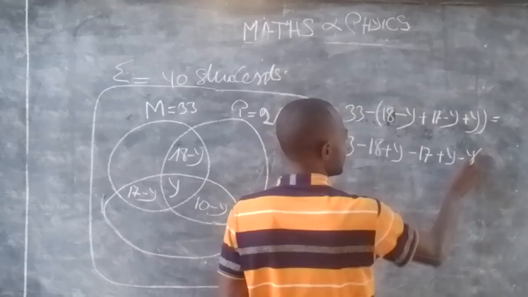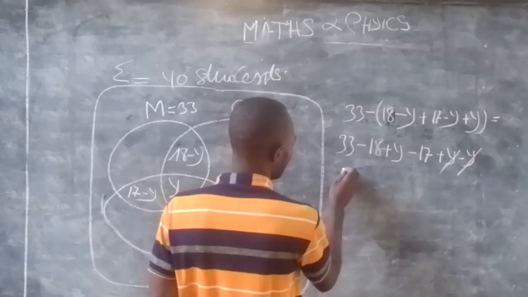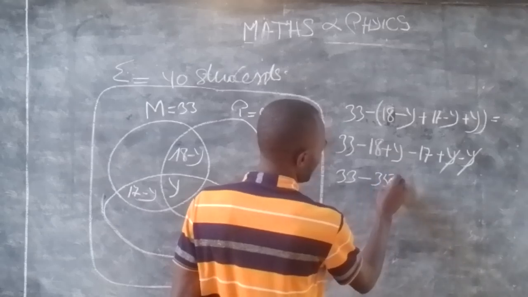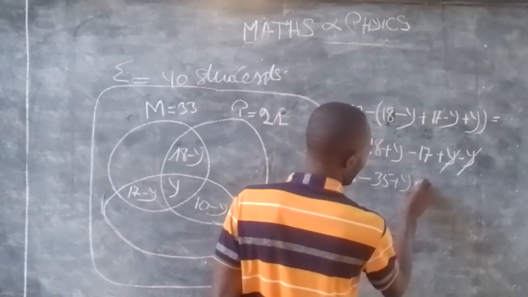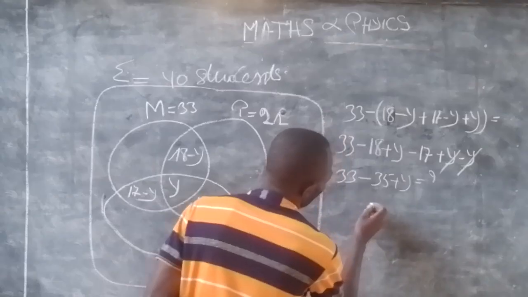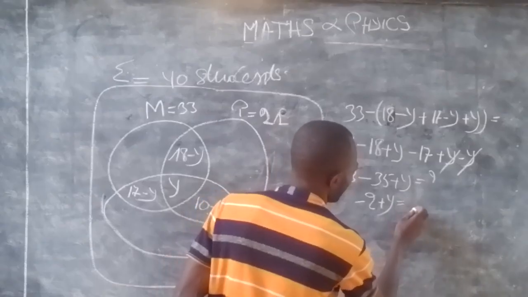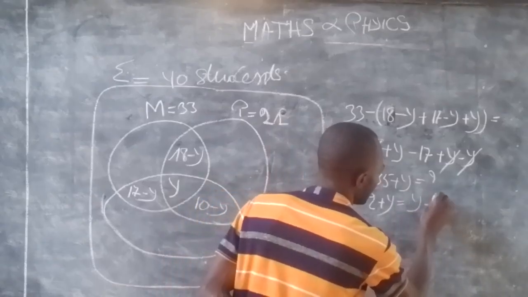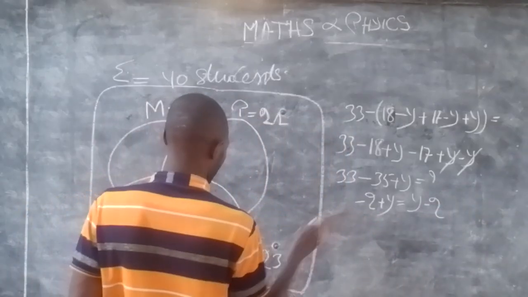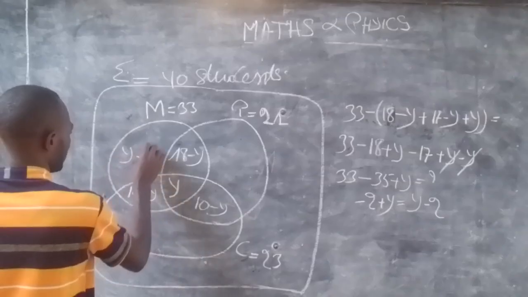So this y and this y will cancel out. Here we have 33 negative 35 positive y, which is negative 2 positive y. This is the same as y negative 2. This is how we get the equation for mathematics: y negative 2.